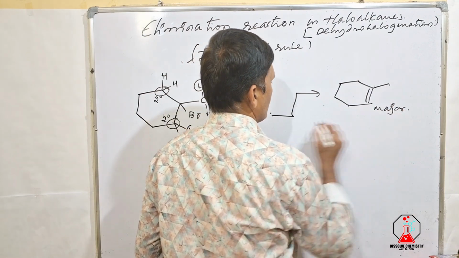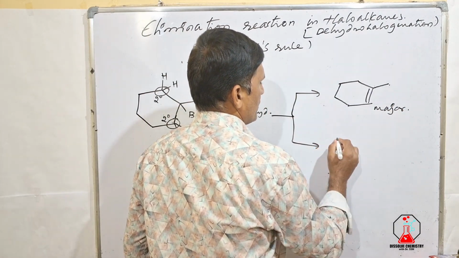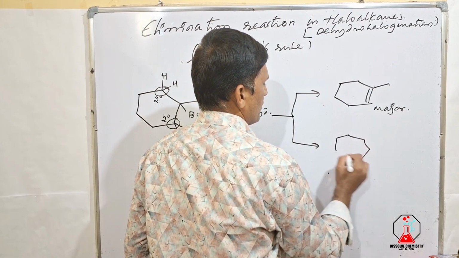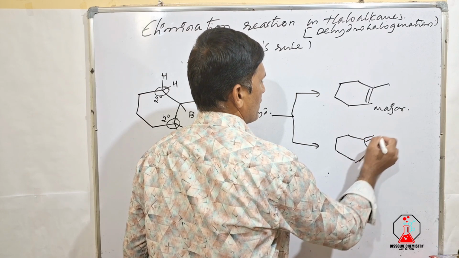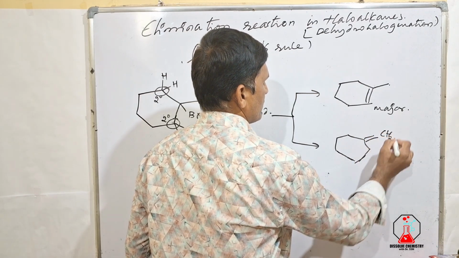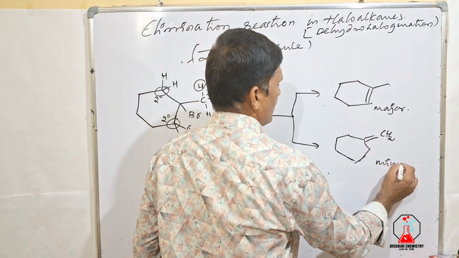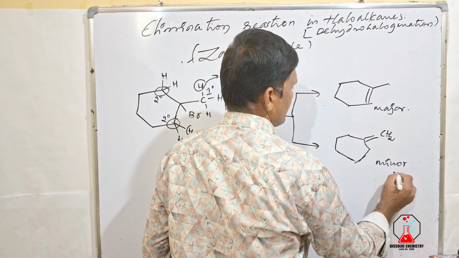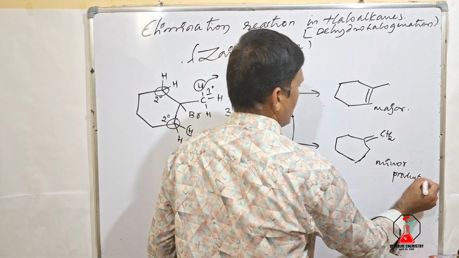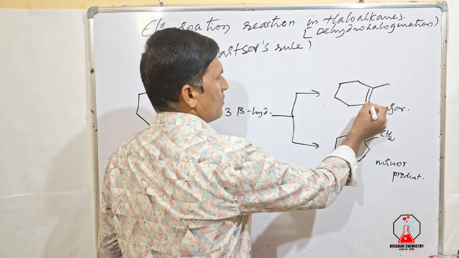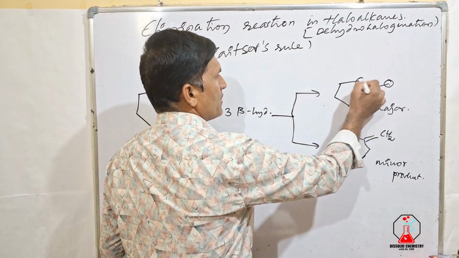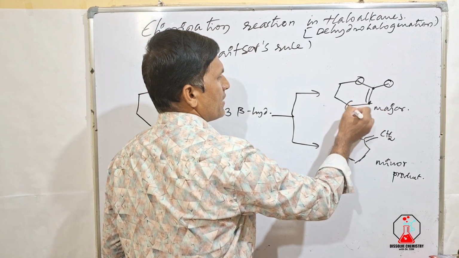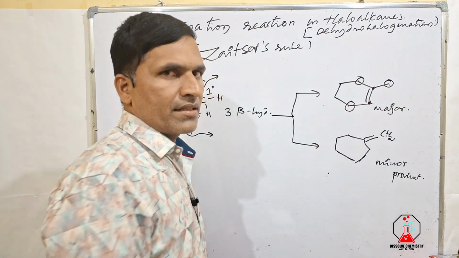major product, and this will be your minor product. What is the reason behind this? Now, this doubly bonded carbon atom is substituted with two carbon atoms, and here it is substituted with another carbon atom.